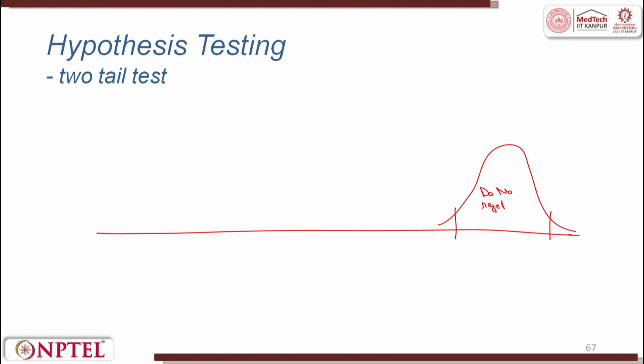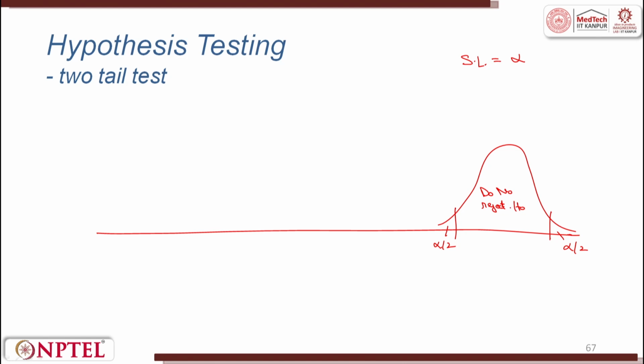We do not reject H naught, and if it is here, the significance level is termed as alpha. So this becomes alpha by 2. This also becomes alpha by 2. For instance, if it was 95% inside, it could be 2.5%, 2.5% on both the sides.